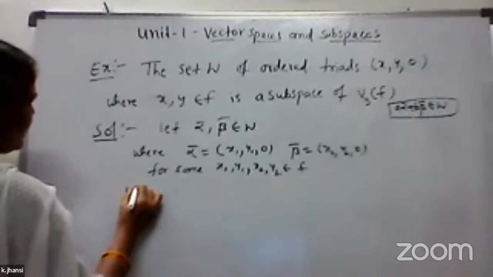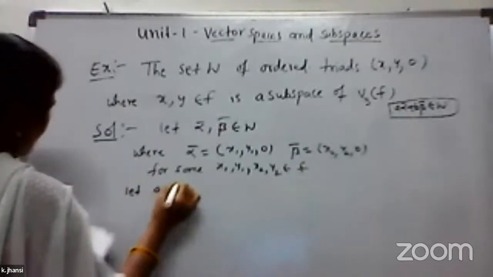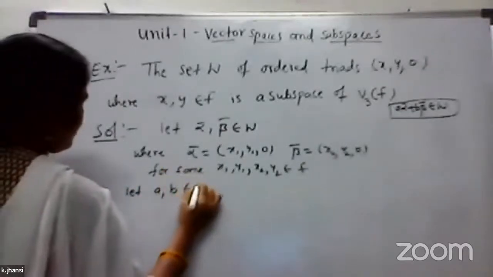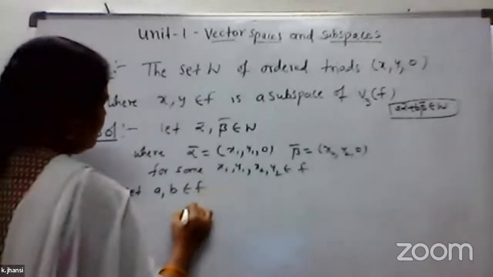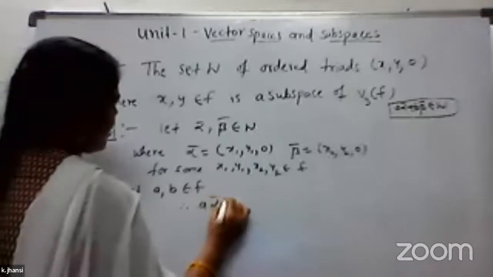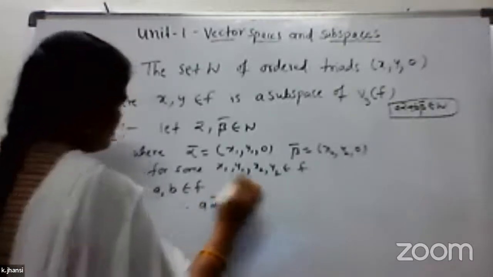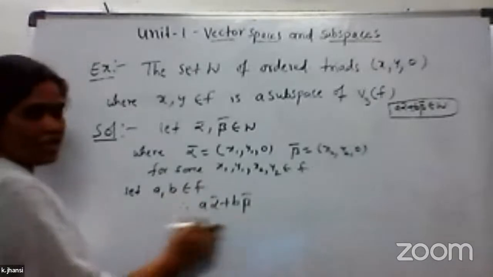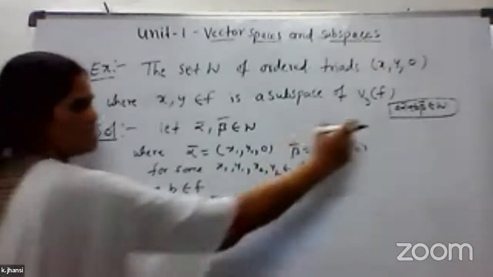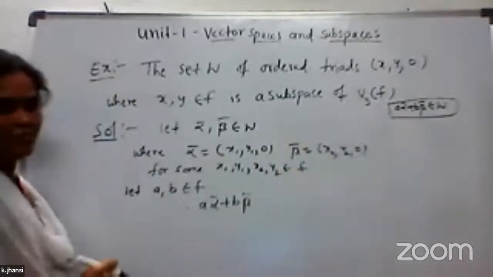For this you write, let a comma b belong to F. Therefore a alpha bar plus b beta bar. This is the necessary and sufficient condition to show that W is a subspace.